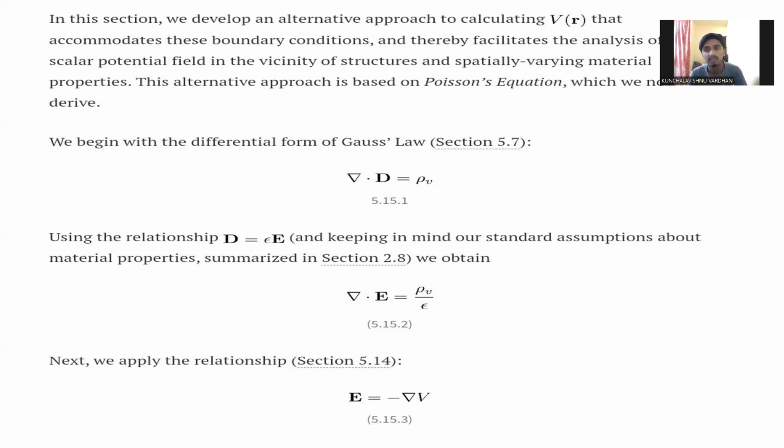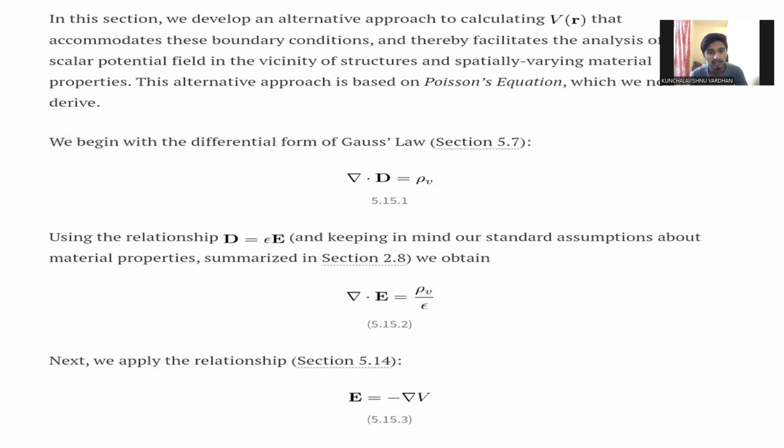We begin with the differential equation form of Gauss's law, grad dot D equal to rho_v, using the relationship D equal to epsilon E and keeping in mind our standard assumptions about material properties. We obtain grad dot E equal to rho_v by epsilon.